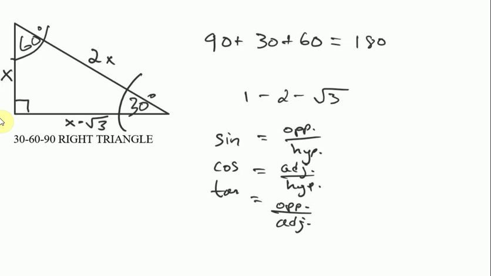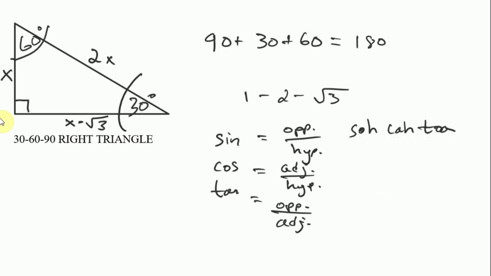Now, you can remember this with the mnemonic device SOH CAH TOA. But in case you haven't learned this already, this is just sine, opposite, hypotenuse; cosine, adjacent, hypotenuse; tangent, opposite, adjacent. Just those letters there.